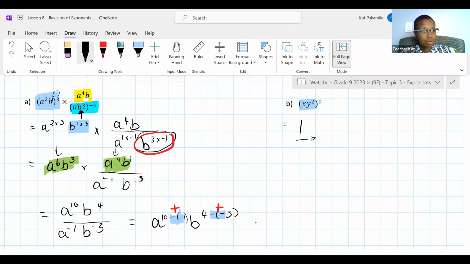Great. So let's do our final answer. It's going to be A to the exponent of 10 plus 1, which is 11. And B to the exponent of 4 plus 3, which is 7. And that would be our final answer.